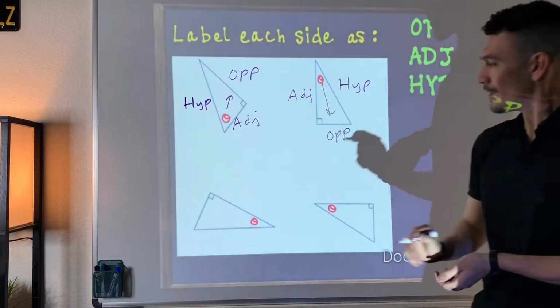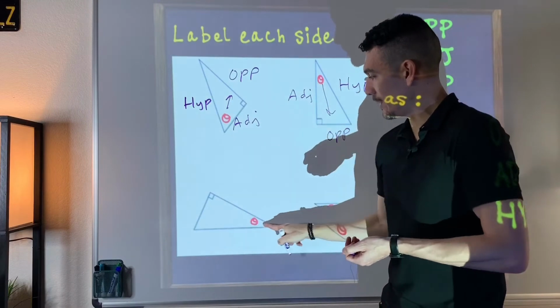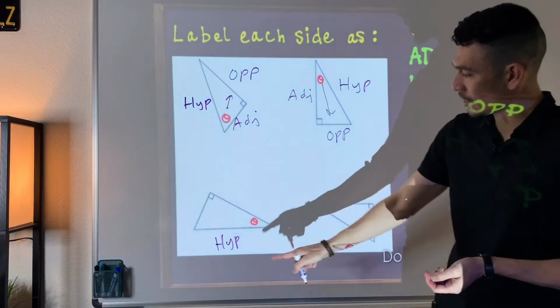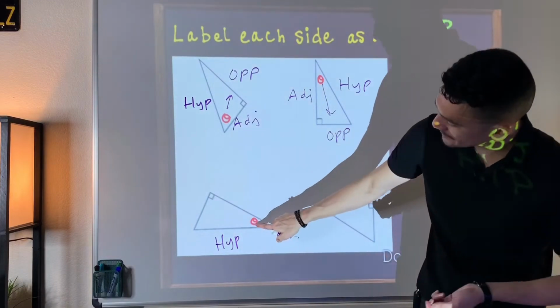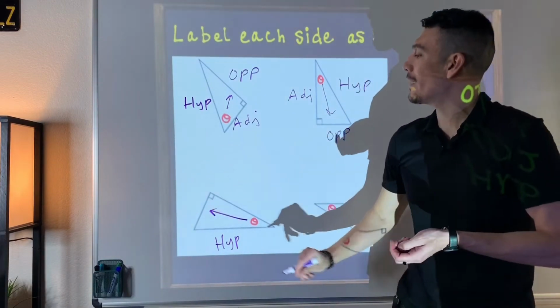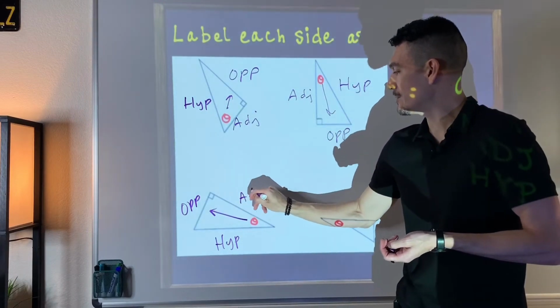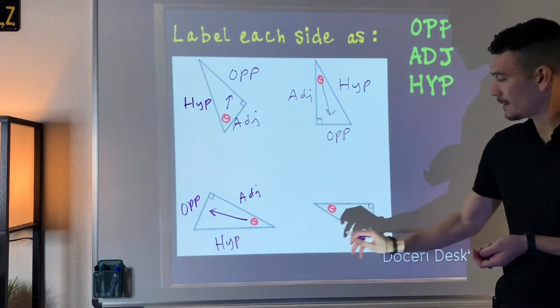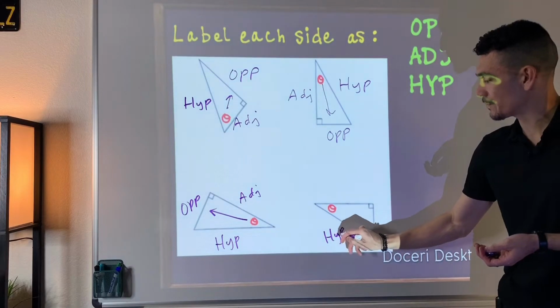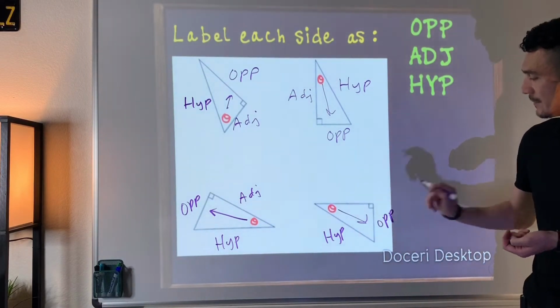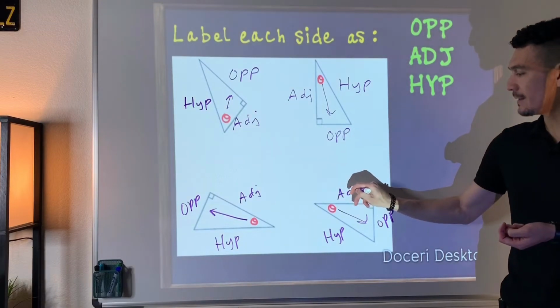Down here, the crooked one, that's your hypotenuse. Okay, it's always across the little box. If this is where you are, across from you is the opposite, and this is the adjacent. One more. This is the hypotenuse. If this is you, then across from you is the opposite, which makes this the adjacent.